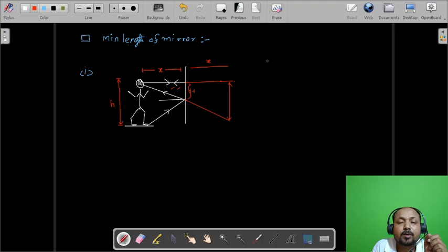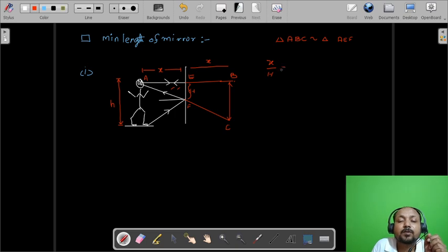Now let us consider this larger triangle is similar to this smaller triangle. Naming the points A, B, C, E and F, triangle ABC is similar to triangle AEF.